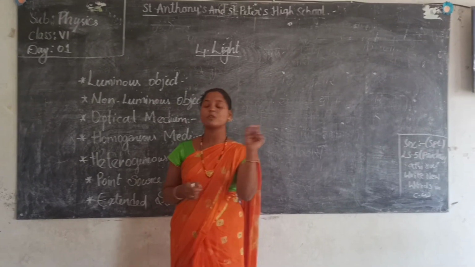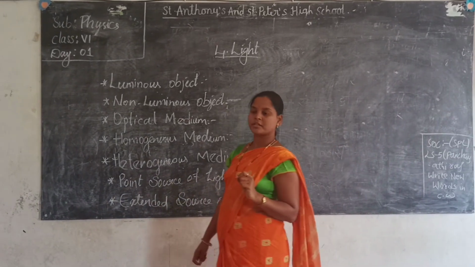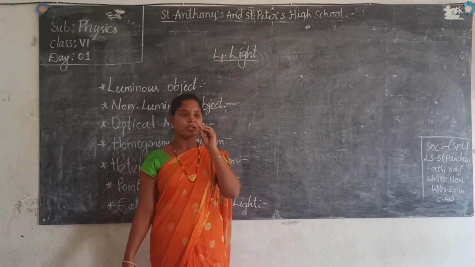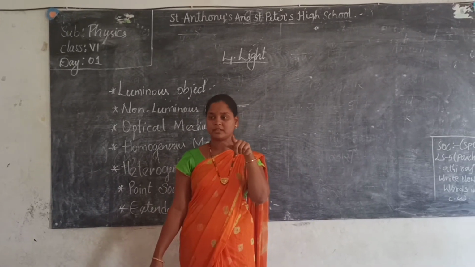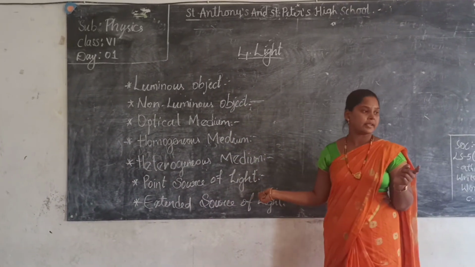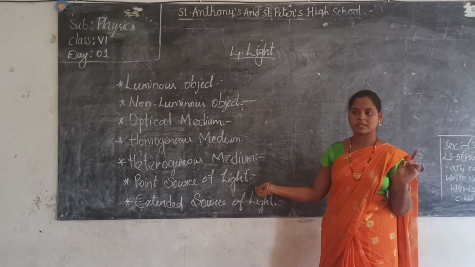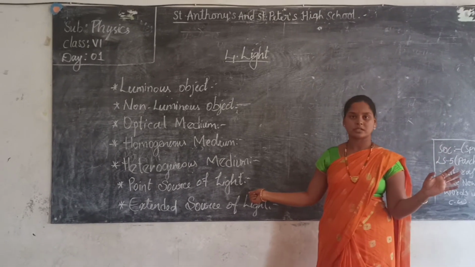That type of lights are called point source of light. Even a small electric bulb gives light only around that bulb. Understood what is a point source of light? The light comes out only from a single point.